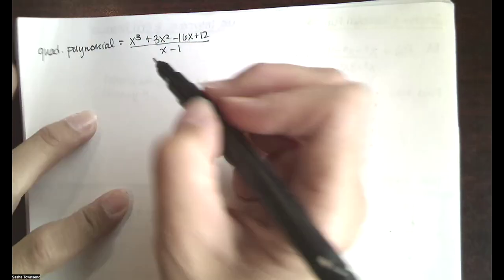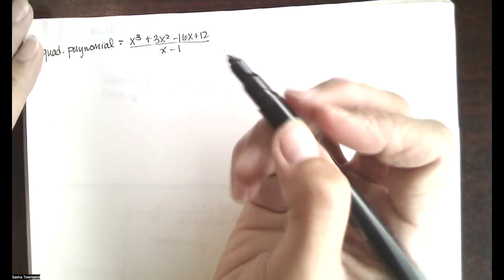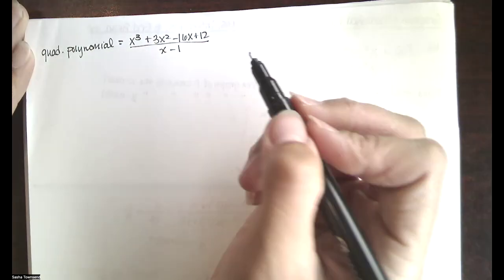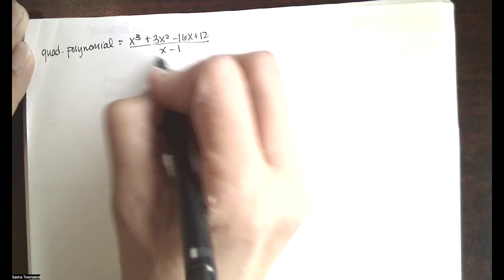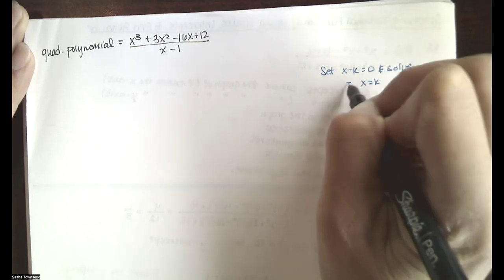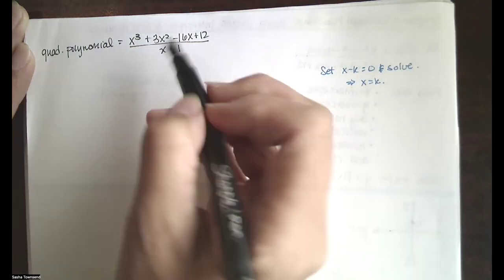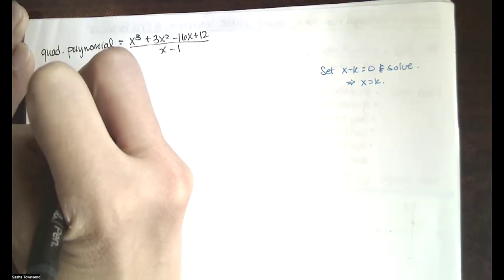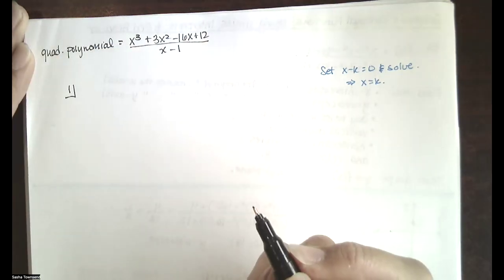If we want to use synthetic division to find this quadratic polynomial, to do this division problem, we set this denominator equal to 0 and solve for x. So basically you get x equals k in every case. We already know that x equals 1 was the root. So you're going to put that in a little box over here.